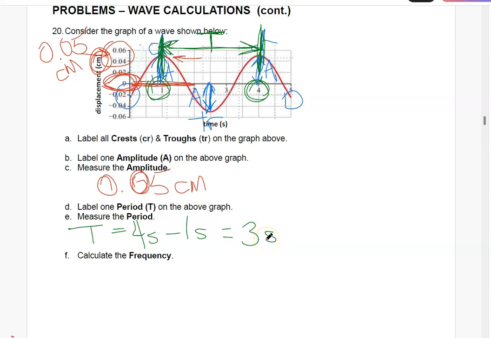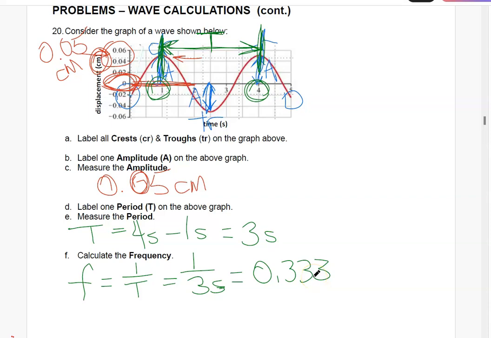Part F says calculate the frequency. Well, we can calculate frequency from period. It's the reciprocal of period, 1 over period. So it's 1 divided by 3 seconds. 1 over 3, or 1/3, is 0.333 repeating. I'll give it 3 threes here.